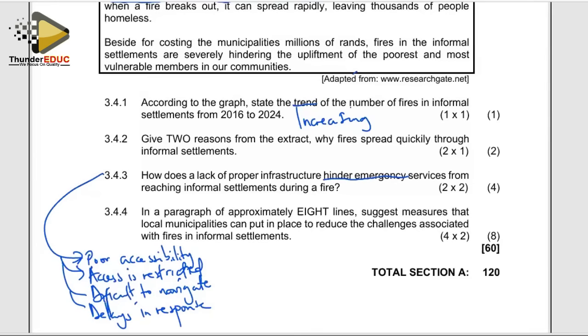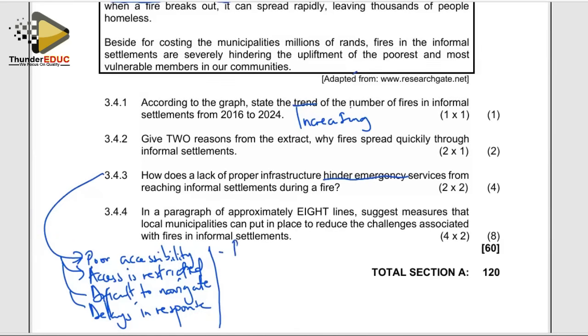Right. In a paragraph of approximately 8 lines, suggest measures that local municipalities can put in place to reduce the challenges associated with fires in informal settlements. What can local municipalities do to avoid the typical problems of fire?